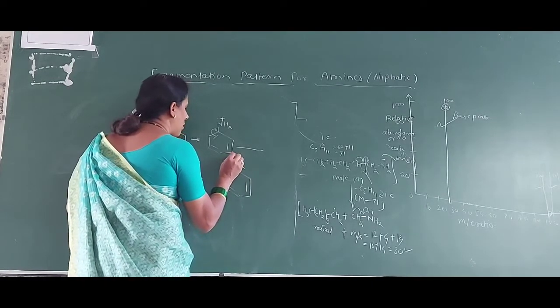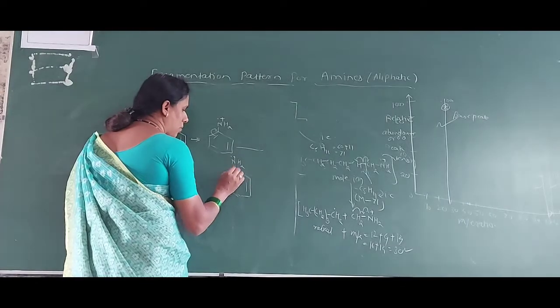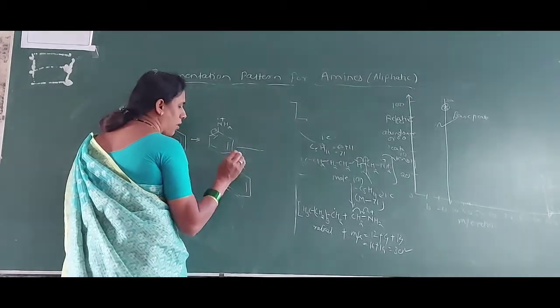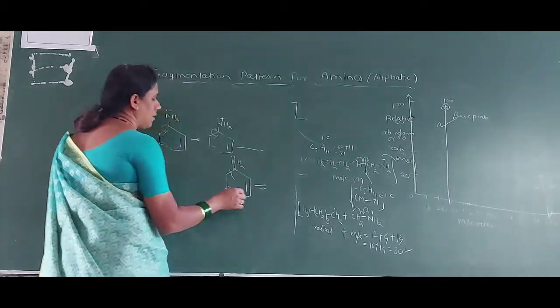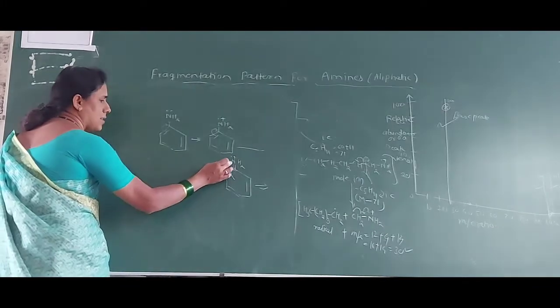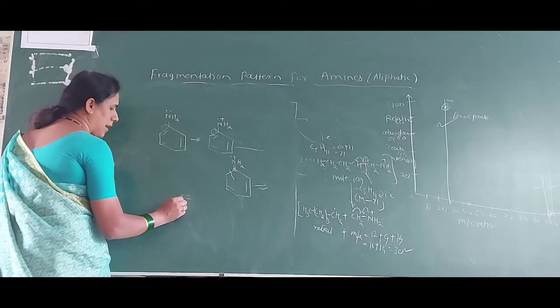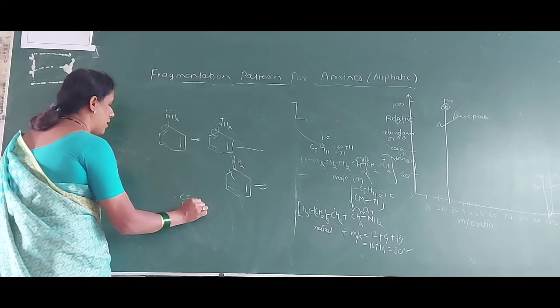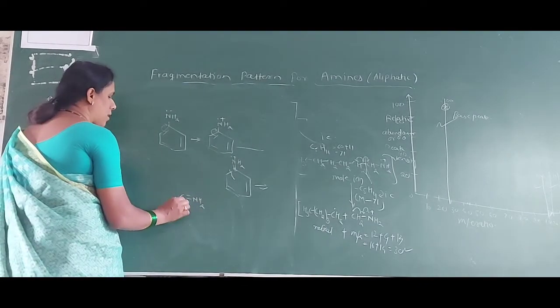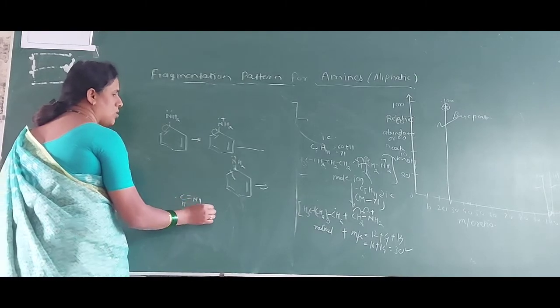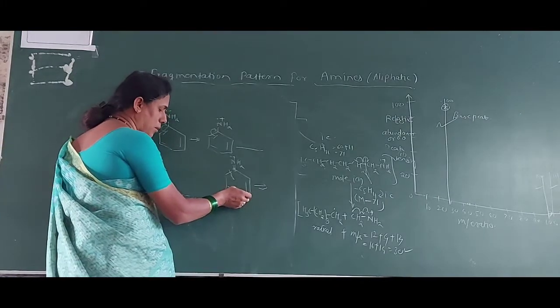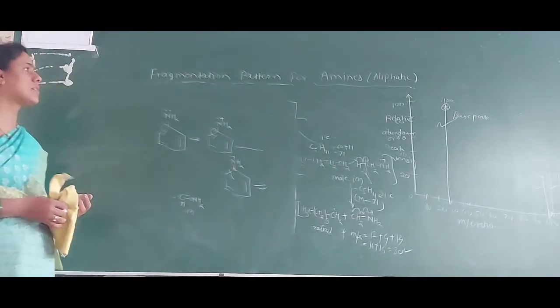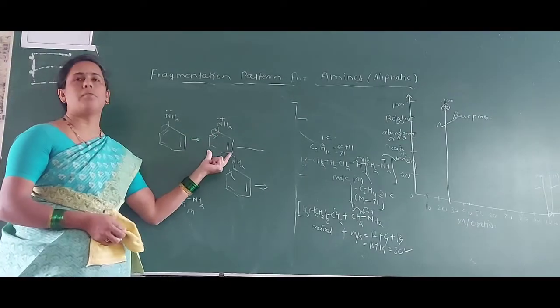Now, this bond you can remove as CH double bond NH2. And by removing this CH and NH2, with the remaining portion you can analyze the fragmentation pattern for this aniline also.